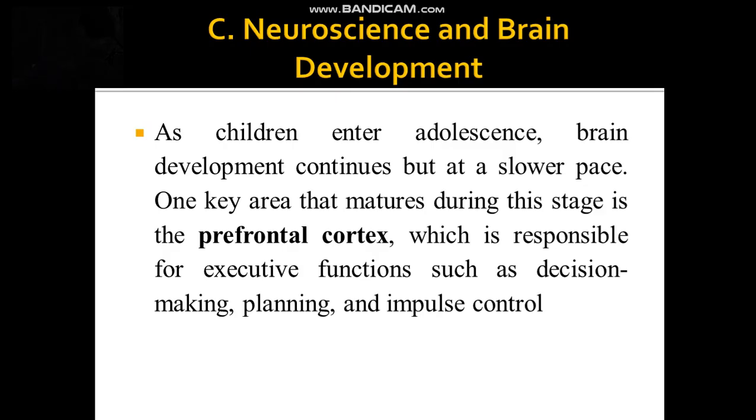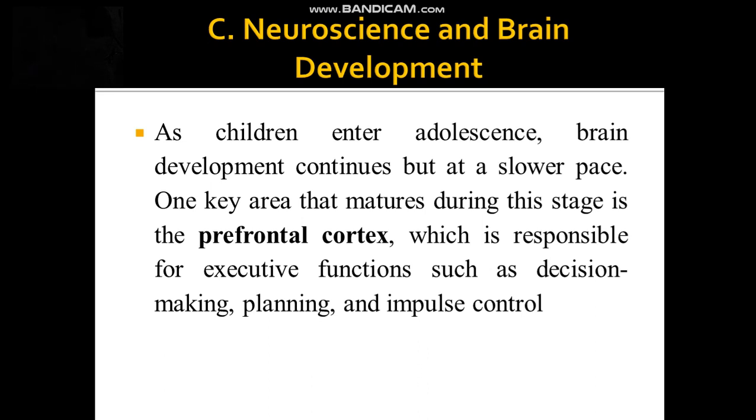Because the prefrontal cortex is still developing in adolescence, they may struggle with emotional regulation and making long-term decisions. This developmental process helps explain why adolescents can be more impulsive and prone to risk-taking behaviors.